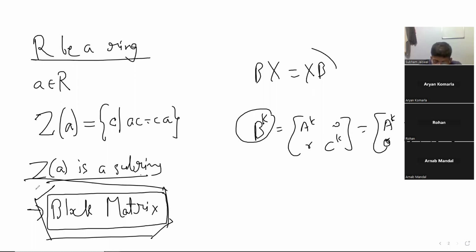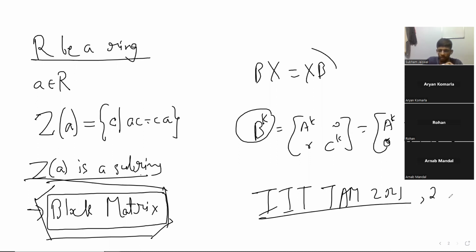Try this problem in the break. Just Google IIT JAM. I can write the question, but there's not time, and I have already sent you links. So IIT JAM 2021, question number 40. All right, we'll meet after the break. Yes, sir.